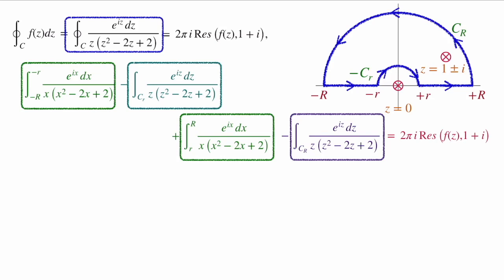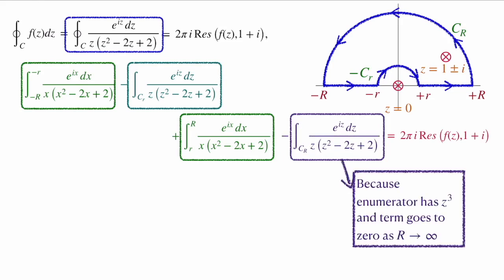Let's carefully look at the value of each of these integrals. It is easy to show that this integral will go to 0, because in the numerator we have z to the power 3, eventually resulting in R to the power 3, and with R going to infinity, this makes the integral go to 0.